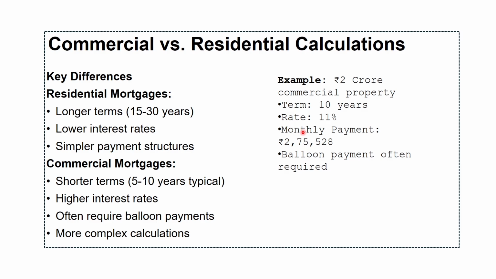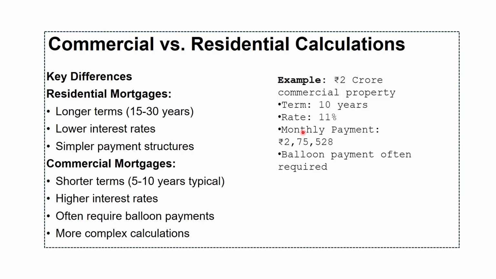They provide better, longer terms for residential mortgages in comparison to commercial, where they might be offering at max 10 years. Then lower interest rates for residential mortgages in comparison to commercial mortgages, and a simpler payment schedule for residential in comparison to commercial mortgages.